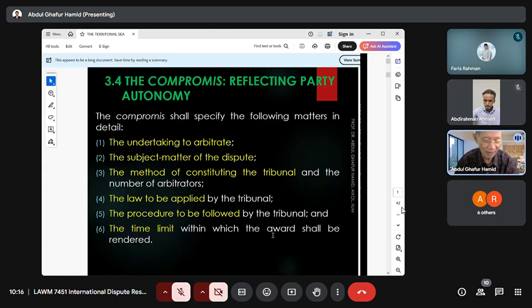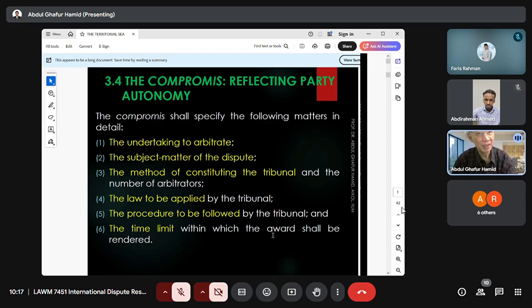They can freely decide what should be the law to be applied, right? All are based on the parties' agreement or parties' consent. Parties are free to agree on anything they like. That is called party autonomy. They can do whatever they like. That is the meaning of party autonomy.